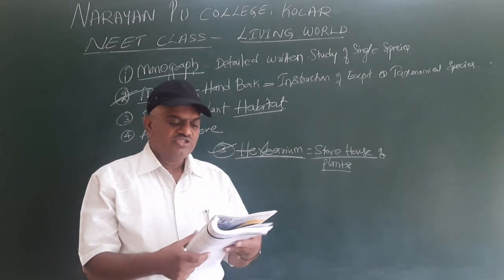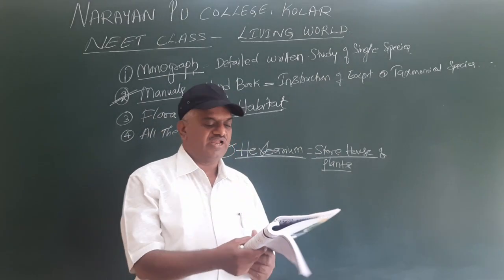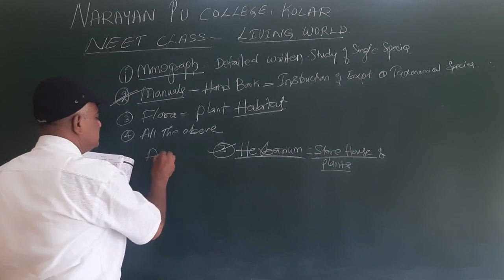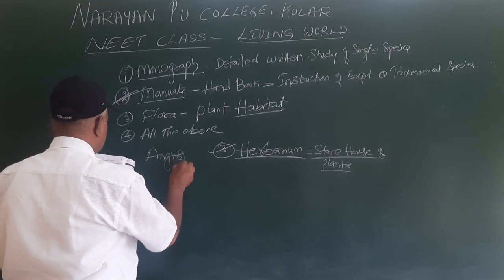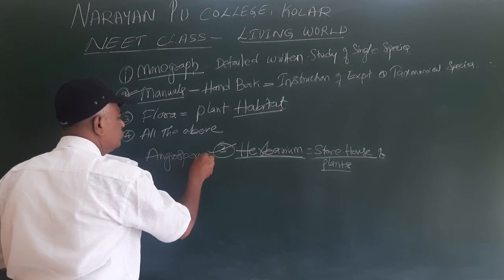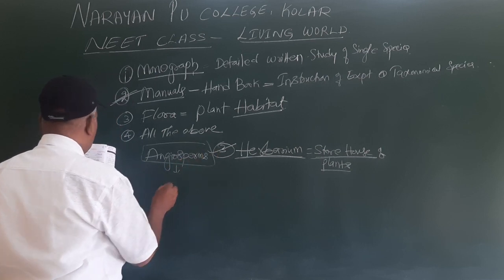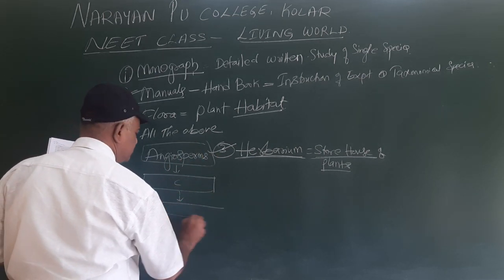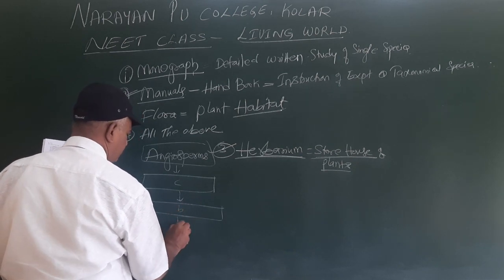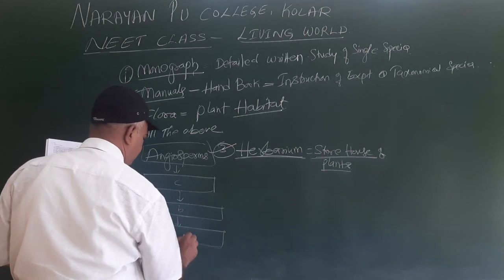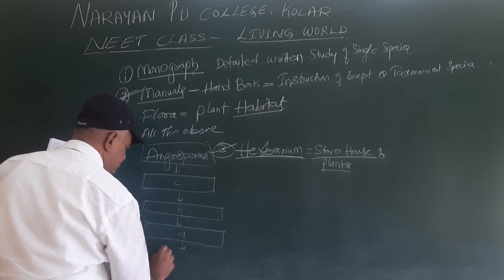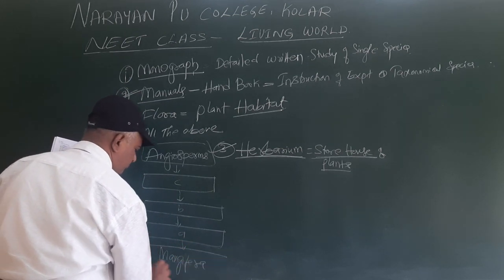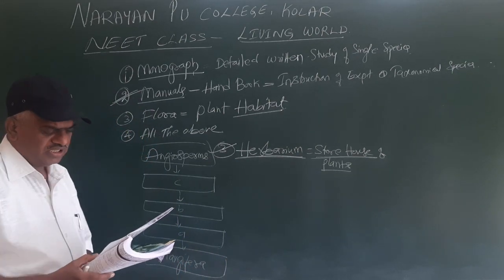So here the first box is angiosperms, followed by different flow charts. A, and this is Mangifera. This is the flow chart given here.